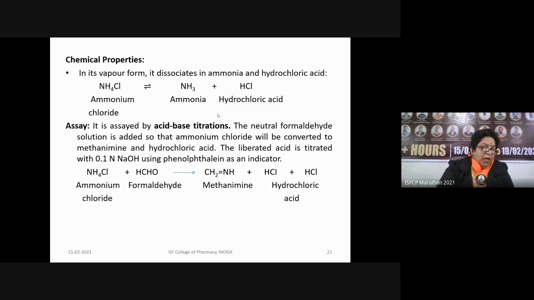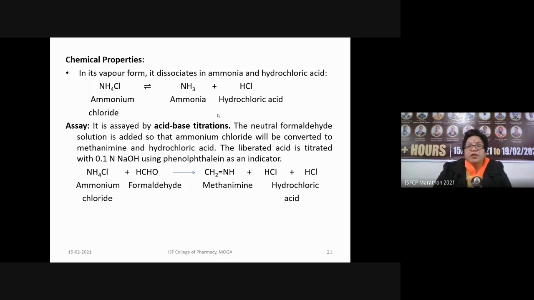Coming to its chemical properties, in its vapor form. अच्छा, there is एक चीज और है जो मुझे आपको बतानी है, that is if you heat it directly, it will sublime, or it will carry out sublimation. What is sublimation? You see there are 2-3 terms.